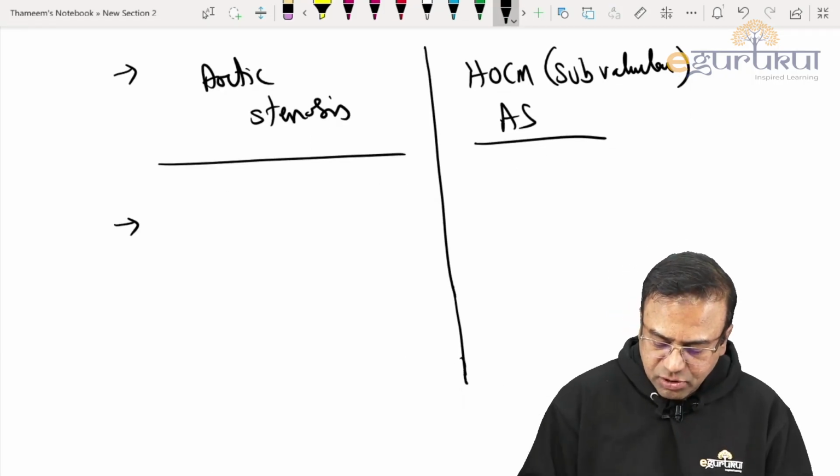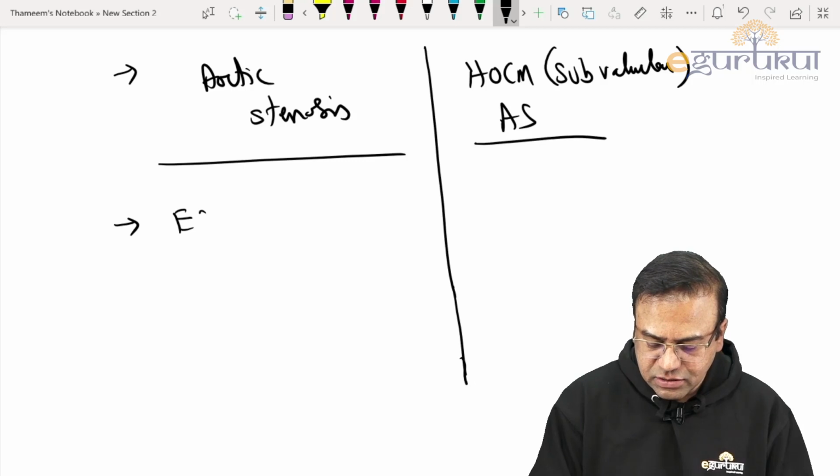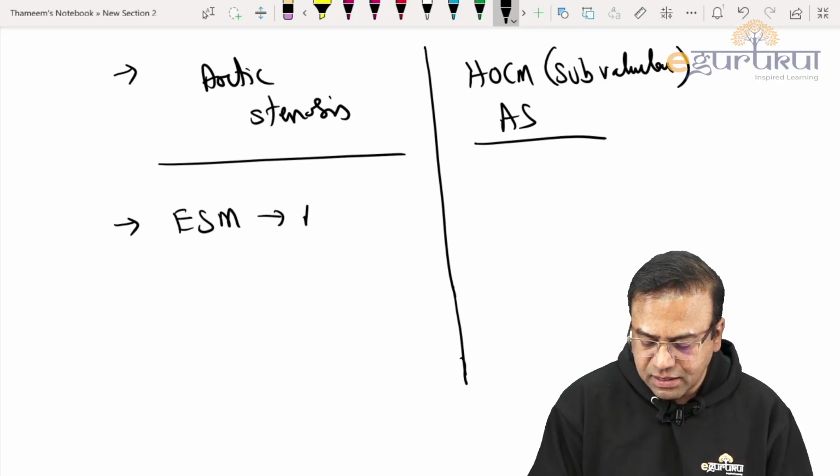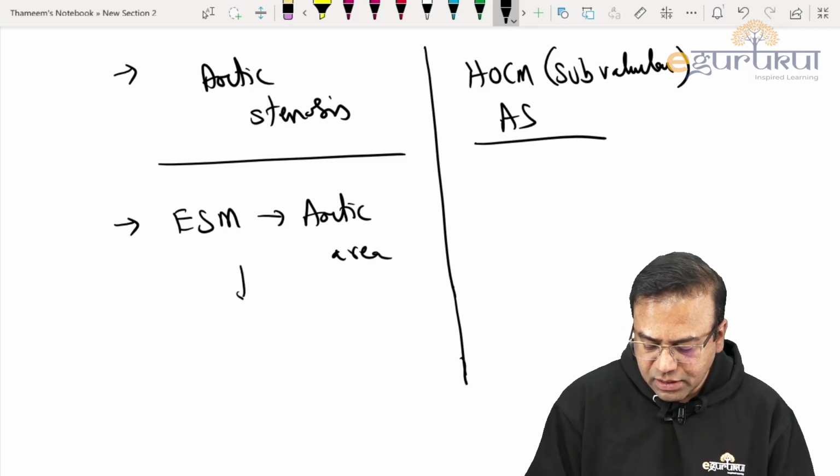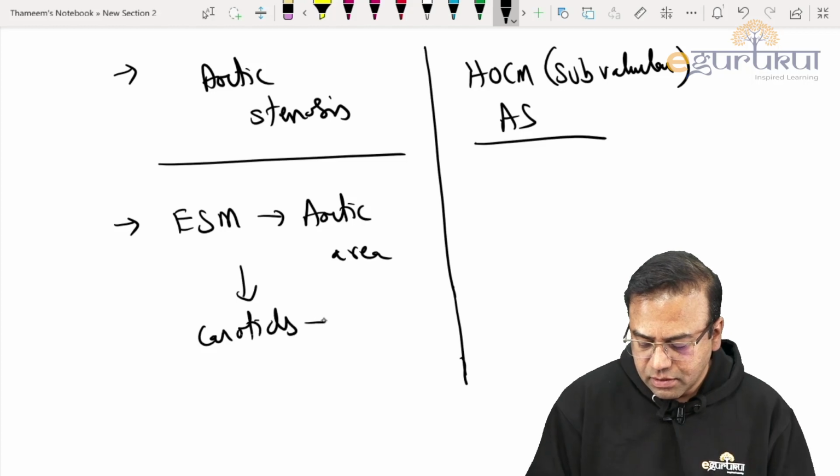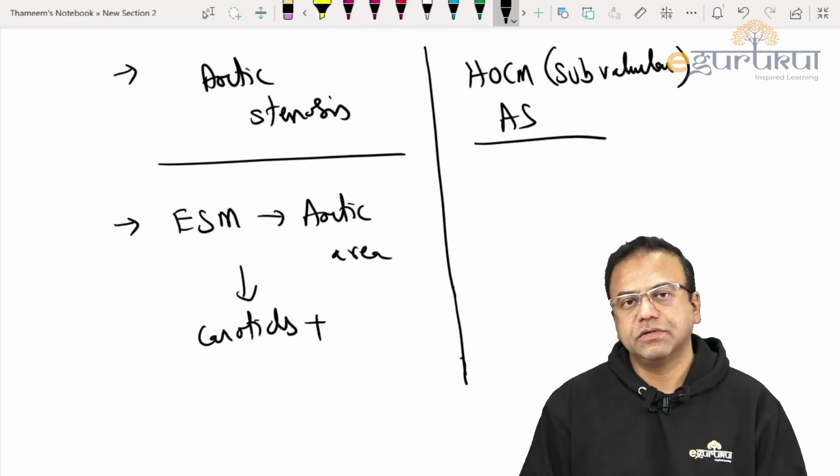If you are able to get an ejection systolic murmur best heard in the aortic area with conduction towards the carotids, this is very classical for aortic stenosis.